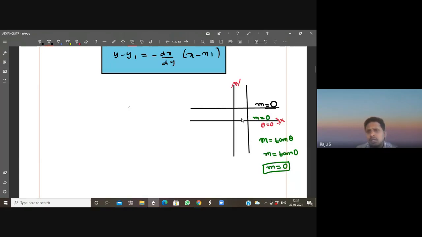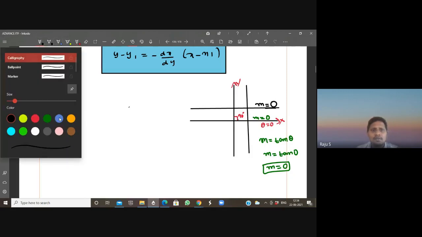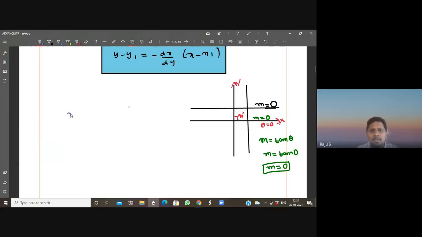Then coming to here, what is the slope of the line which is parallel to y-axis? Before that, we have to find the slope of y-axis. Now, what is the angle between x and y-axis? Yes, y-axis makes an angle of 90 with x-axis.